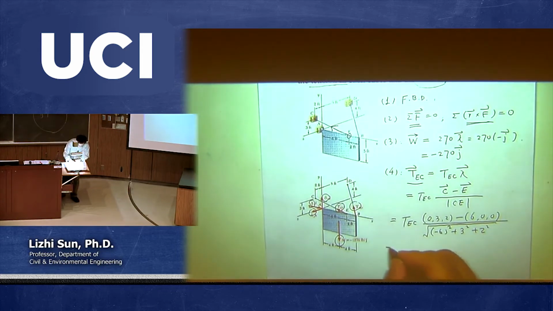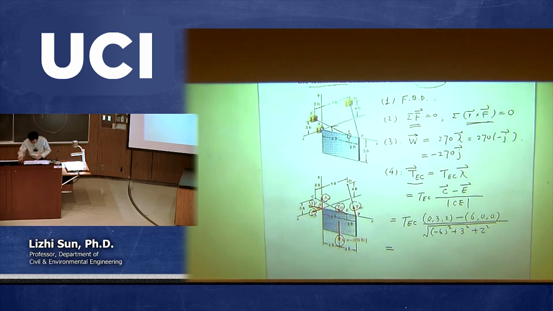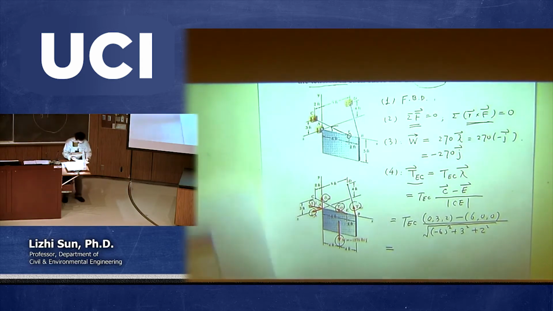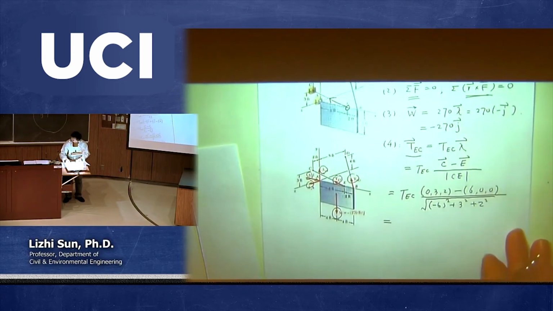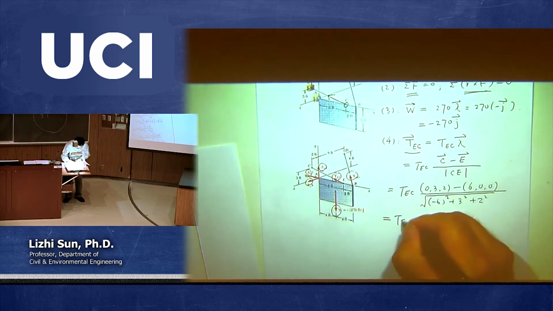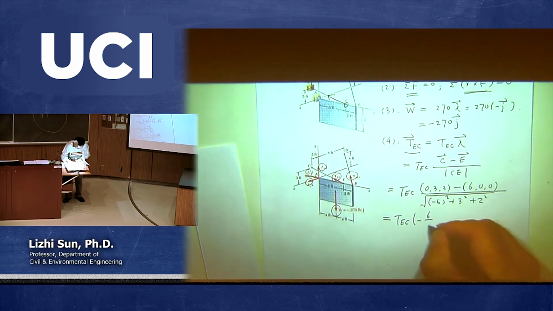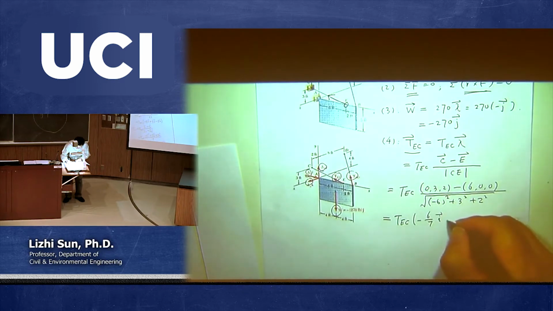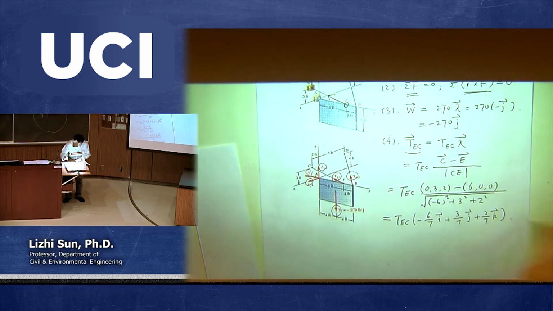Okay, so let me just write down the result for you. TEC is negative 6 over 7 I plus 3 over 7 J plus 2 over 7 K. Any questions?